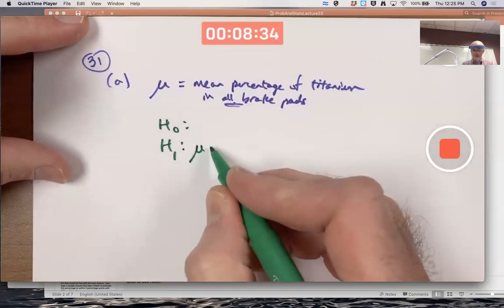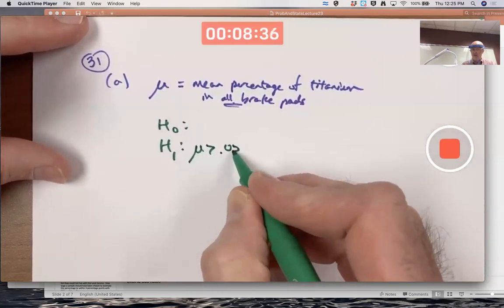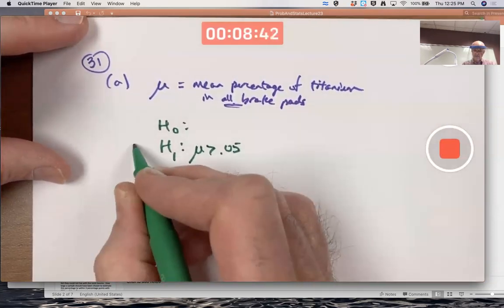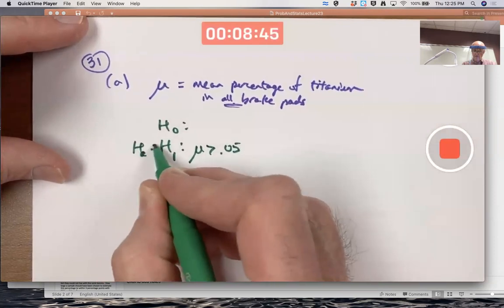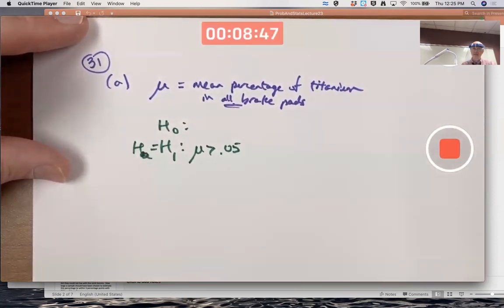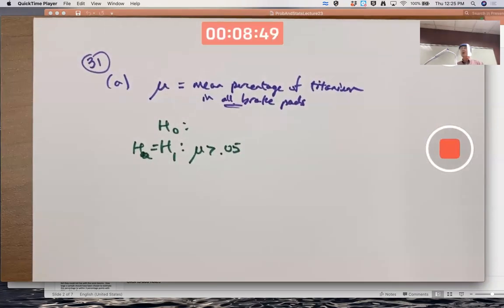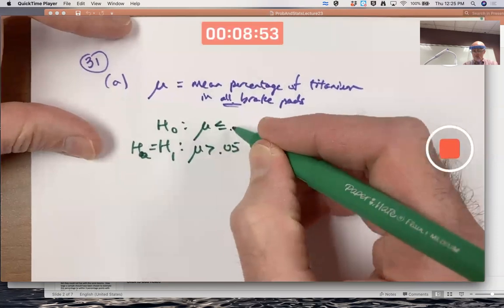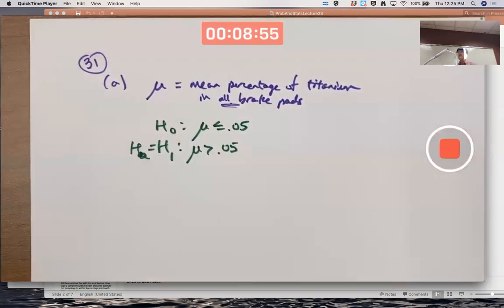So the research hypothesis is that mu is bigger than 0.05. That's the alternative hypothesis. Our book calls it H1. Some books call it HA for alternative. The null hypothesis, technically speaking, is the opposite of that, which would be mu is less than or equal to 0.05.